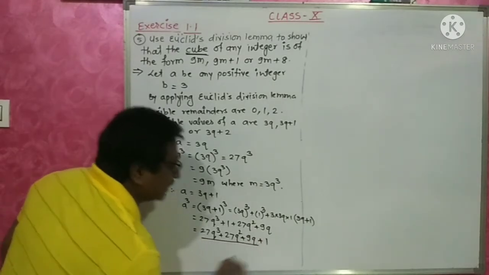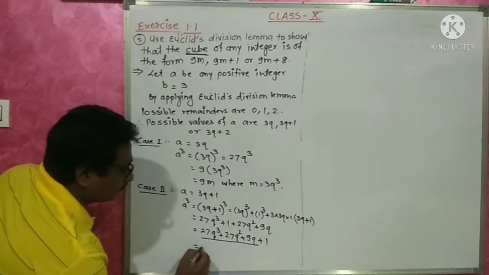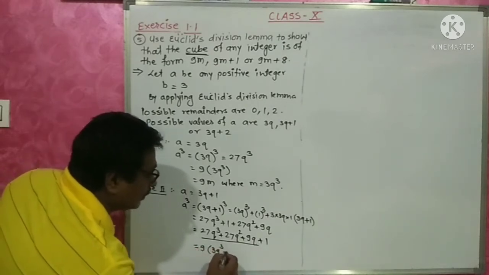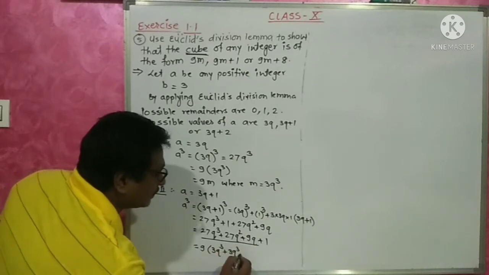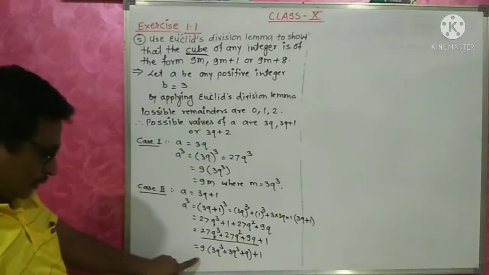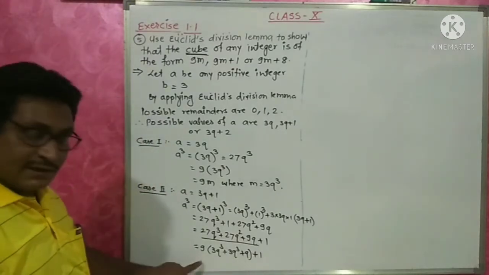So from this we have to take 9 common. So what will we get? 9(3q cube plus 3q square plus q) plus 1. So now we consider this bracket as m.